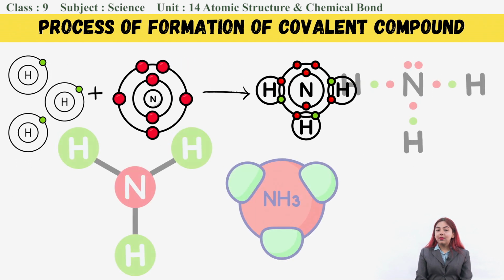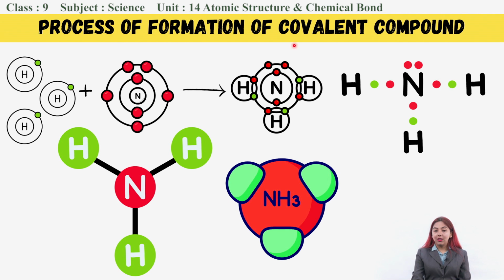Since nitrogen and hydrogen share 1 electron each, 1 pair of electrons between them with each atom of hydrogen, it is represented by a single line between each of the atoms. That's why nitrogen and hydrogen have a single covalent bond between them to form the ammonia NH3 molecule.